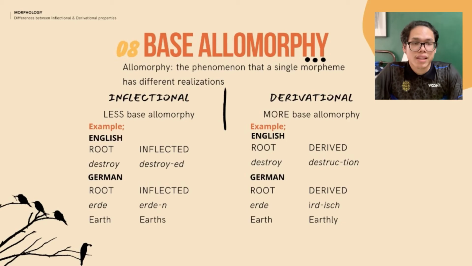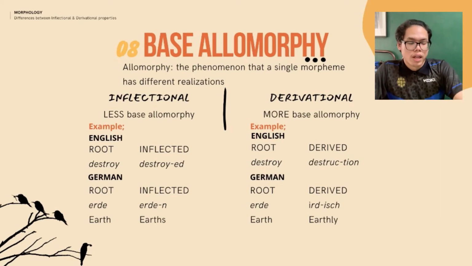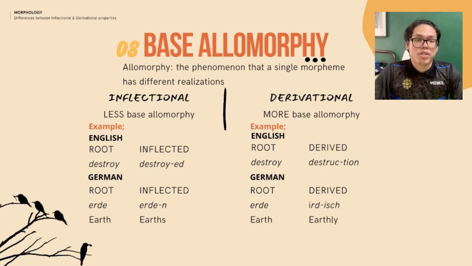When inflected into plural, it becomes Erden, meaning earths in English. As you can see here, similarly, the base does not change. It's still the same as the root word Erde.